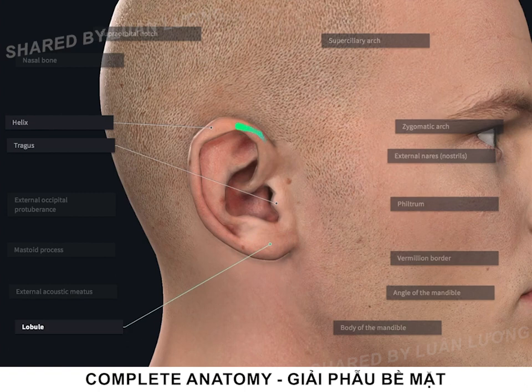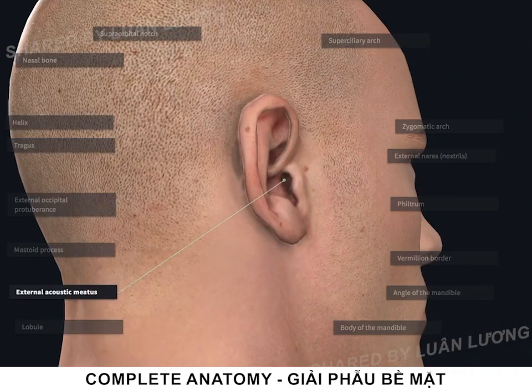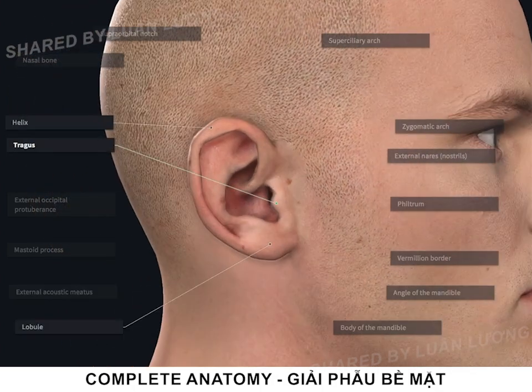The large outer circumference of the ear is known as the helix. We also have a small prominence that is going to project from the anterior aspect moving posteriorly, covering up over the opening, the external acoustic meatus. And this small piece of tissue is known as the tragus.